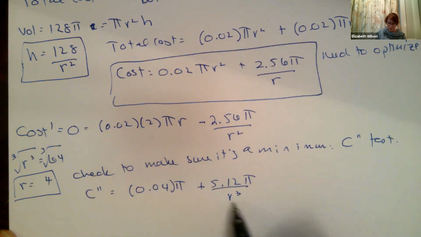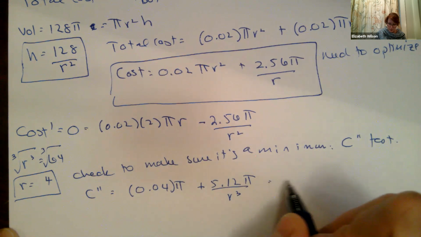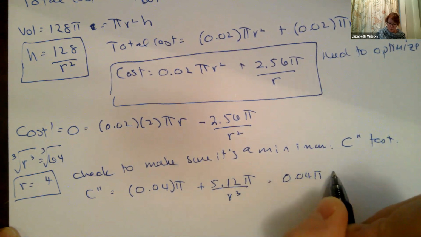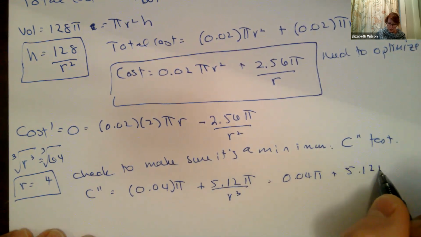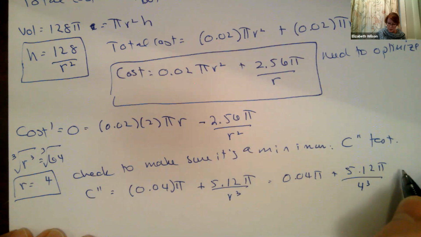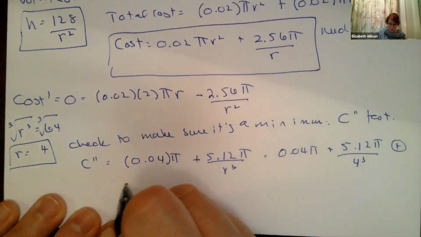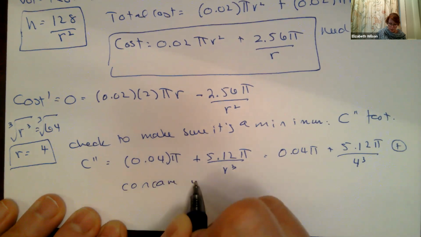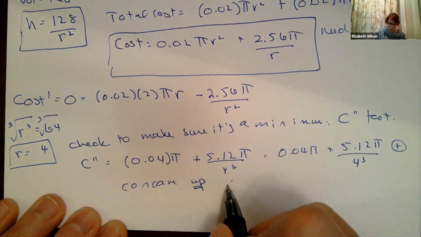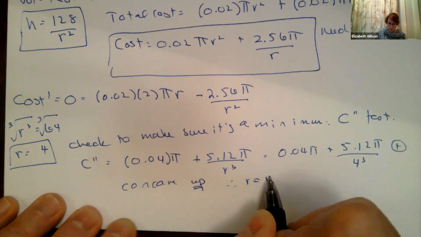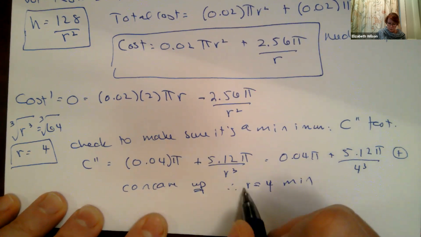And now if I plug in my 0.04 pi plus 5.12 pi all over 4 cubed, I get a positive number. Okay, so positive number means it's concave up, right? Which means therefore r equals 4 is a minimum.